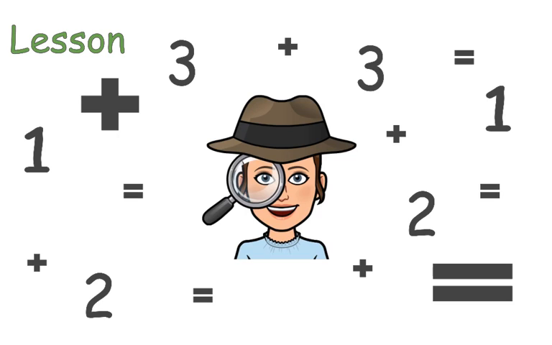So for our lesson today, we are going to be detectives again. What I mean by that is we are going to be looking for clues on what to do. Our clues are going to be some of the words in the word problems, some of the ones we just said in our vocabulary page.